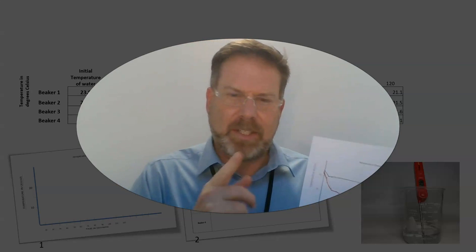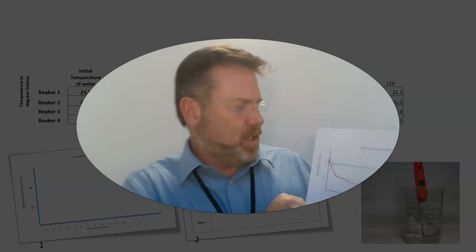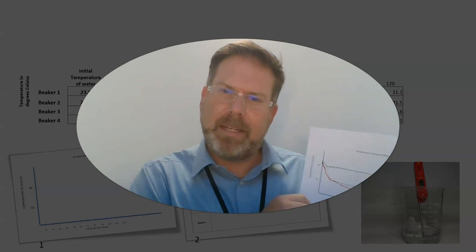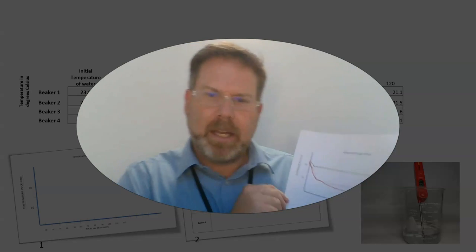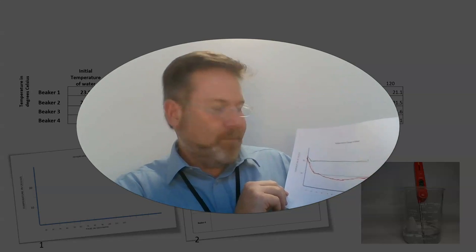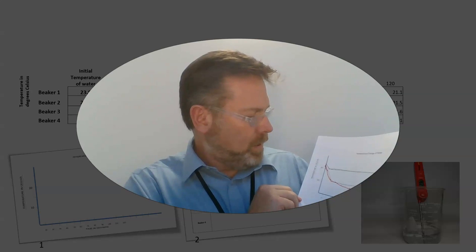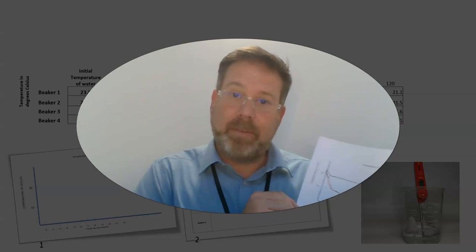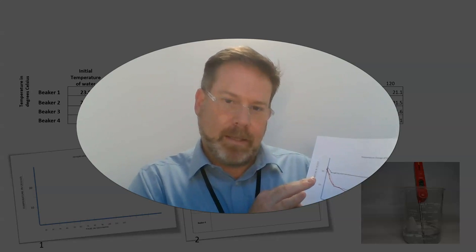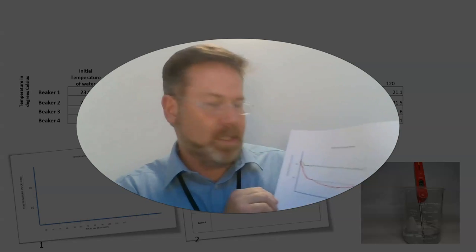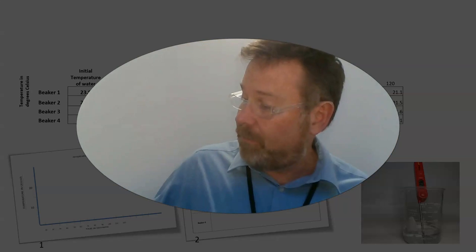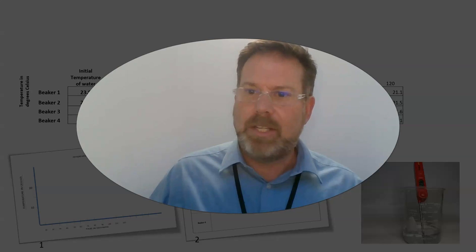From the data, going across from left to right, beaker 1 and 2 did have an initial temperature drop from the beginning temperature of water, but not quite as much as beaker 3 and 4. In fact, 3 and 4 both dropped very quickly, and 4 dropped to the lowest temperature of all, and then even had a little rise of temperature in the end, and the data shows it. So this was a really cool student example. I just wanted to grab it off of someone's desk and share with you.